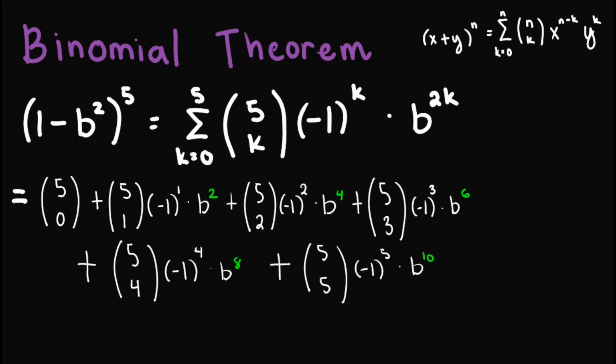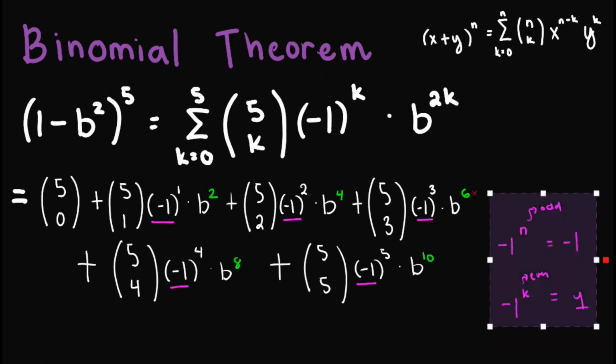Now also, focusing on these powers of negative 1, note that negative 1 raised to an odd number, say n is odd, the outcome is negative 1. But if we raise it to, say, negative 1 raised to k, where k is even, this will become 1.